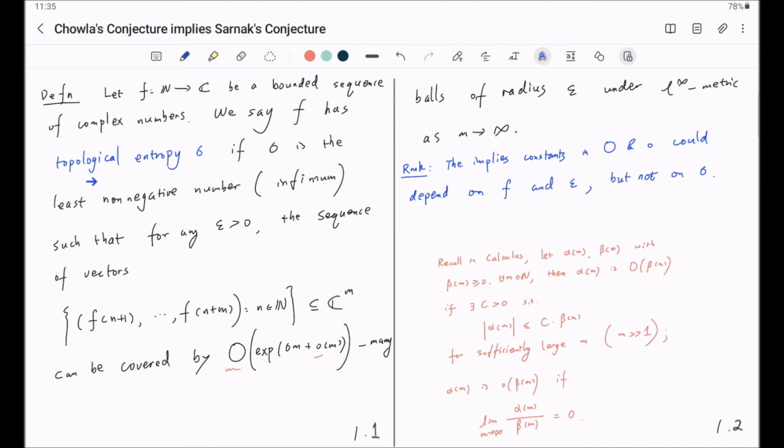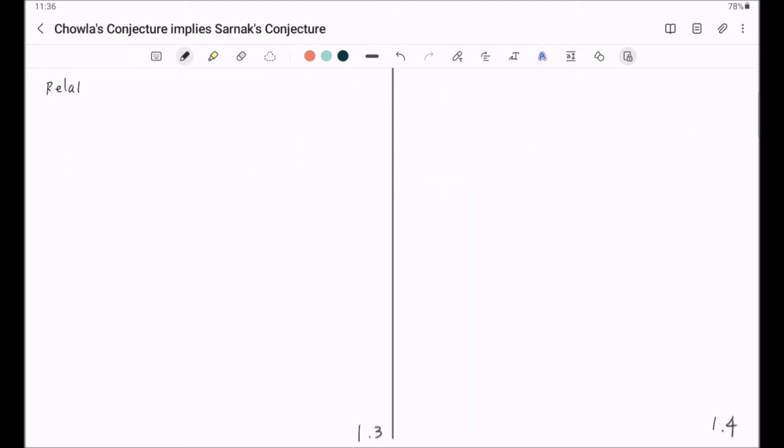Although this is not an essential part of this lecture series, let me briefly explain this to you. Relation to the usual topological entropy.